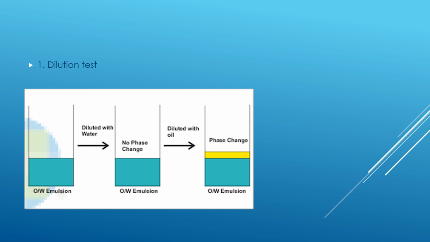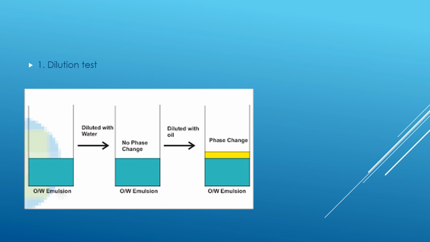The first test is the dilution test. Oil in water emulsions remain stable upon unlimited dilution with water, that is with the continuous phase or the dispersion medium, but will not remain homogeneous upon the unlimited addition of oil. Since water is the continuous phase, upon dilution with water it remains stable.